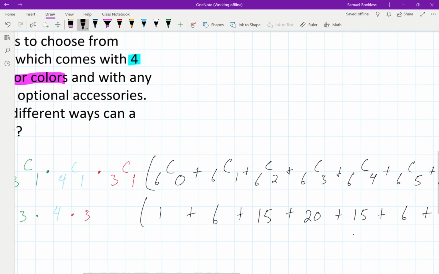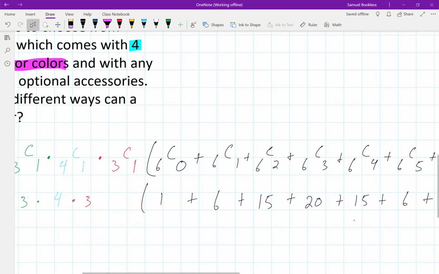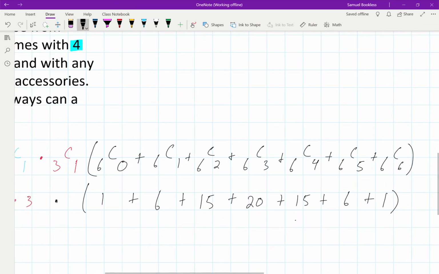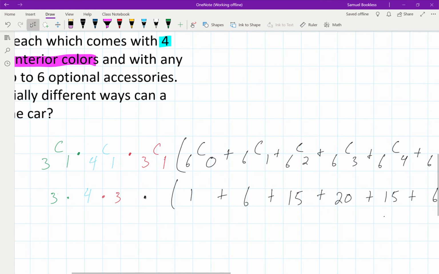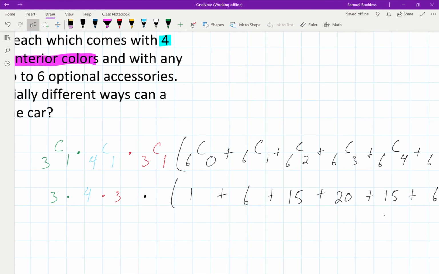And so now, for the whole problem, I have 3 times 4 times 3 times this entire quantity here. And so you could enter that into your calculator, and you would get, let's see here, 3 times 4 times 3 times the quantity 1 plus 6 plus 15 plus 20 plus 15 plus 6 plus 1. 2,304.